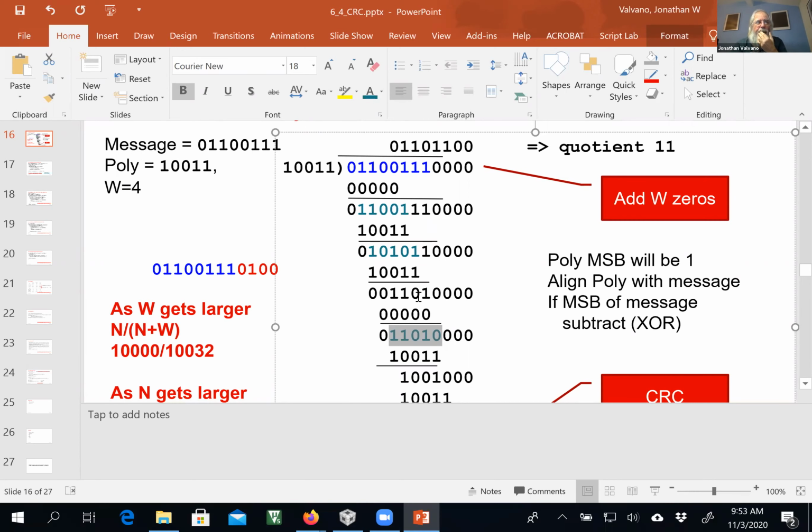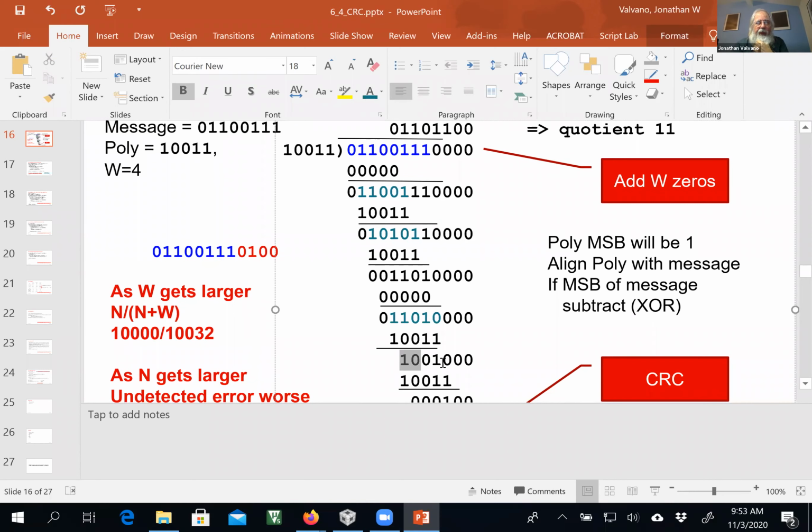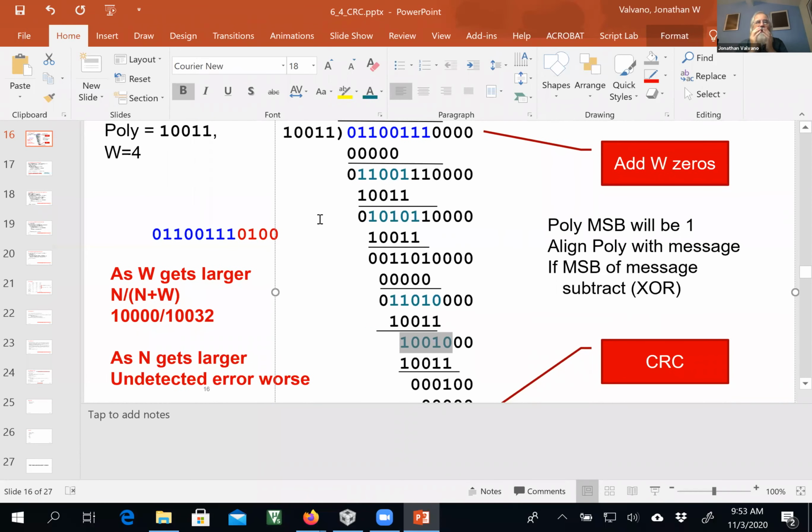And I did subtract there. So what do all these cyans have in common? I subtracted if, compared to the ones I didn't subtract.